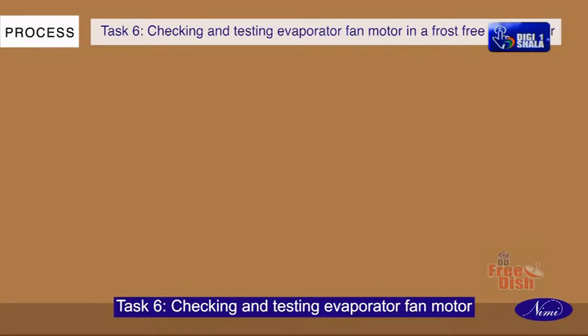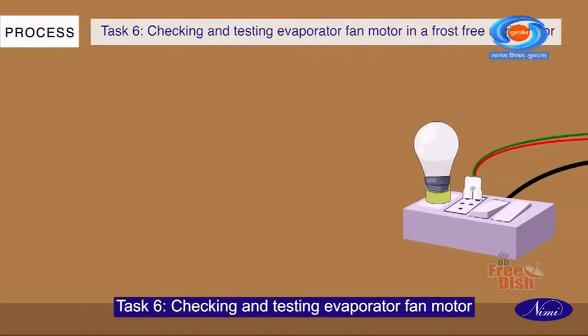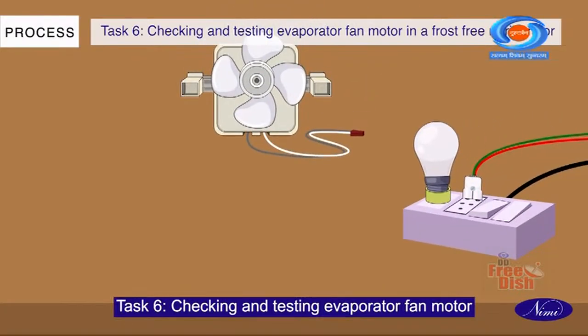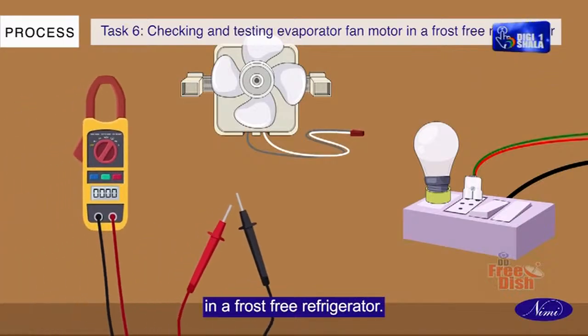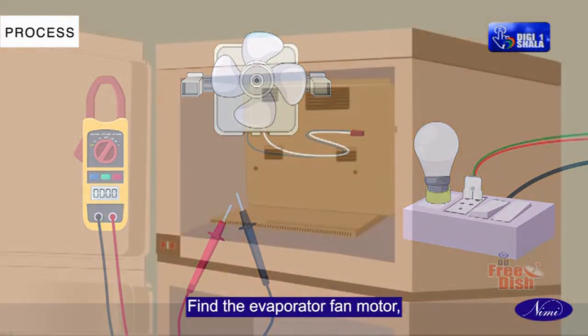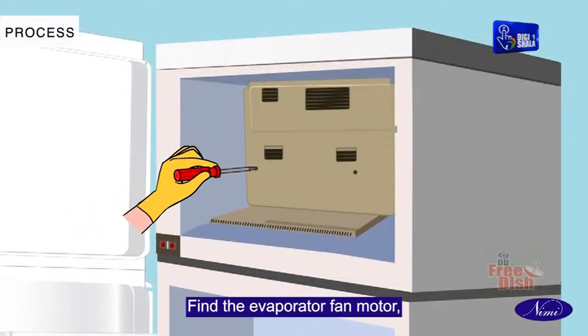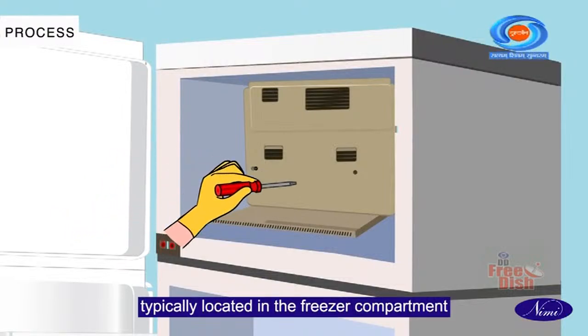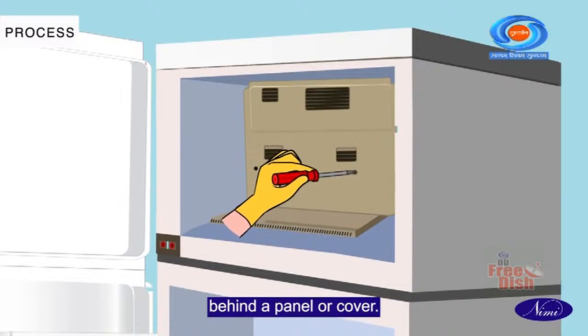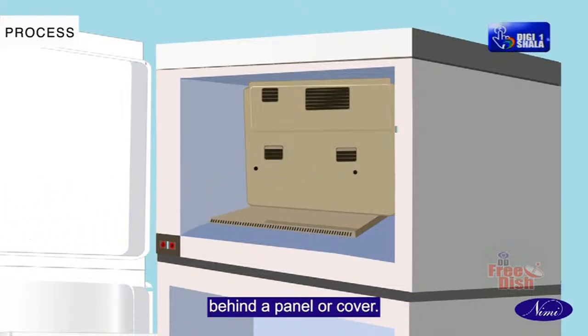Task 6. Checking and testing evaporator fan motor in a frost-free refrigerator. Find the evaporator fan motor typically located in the freezer compartment behind a panel or cover.